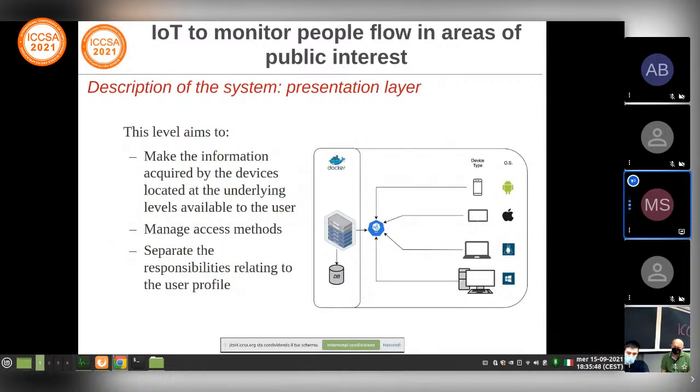As a result, the primary activities for this layer are as follows. They have to make the information acquired by the devices located at the underlying levels available to the user, as we said. They have to manage access methods, and they have to separate the responsibility relating to the user profile.